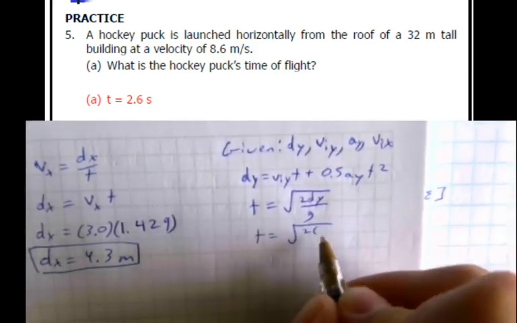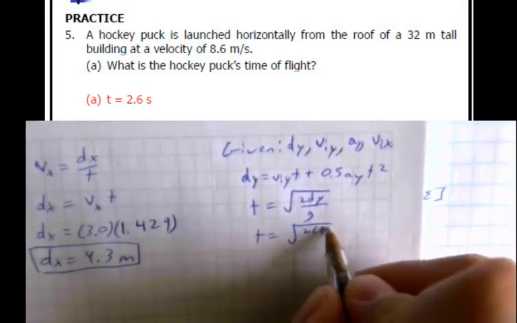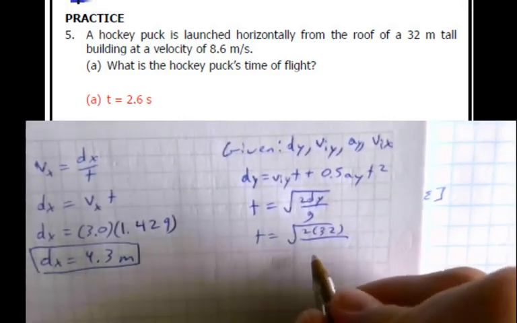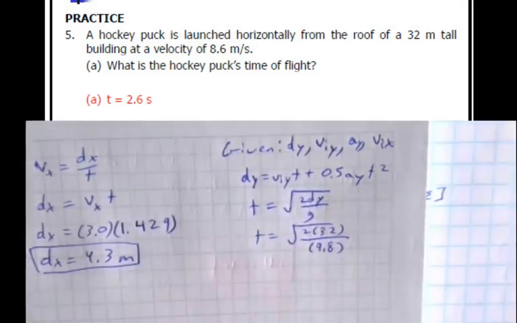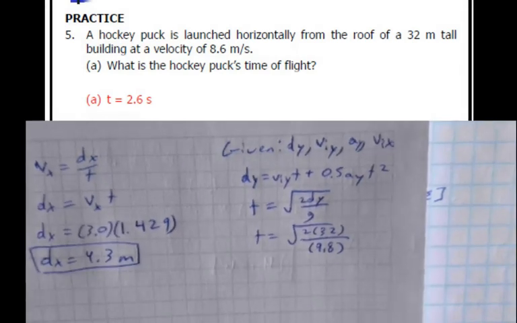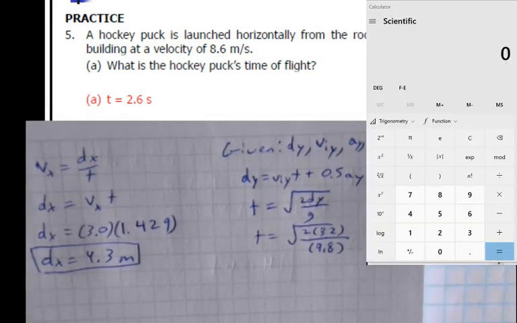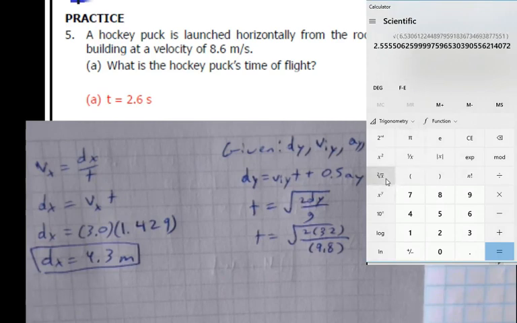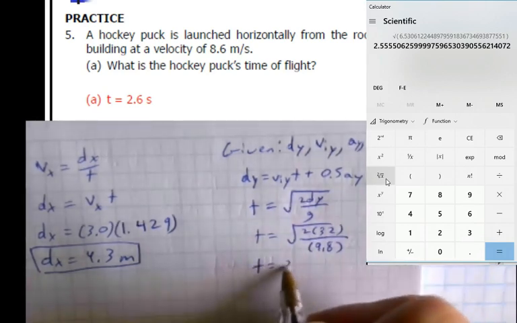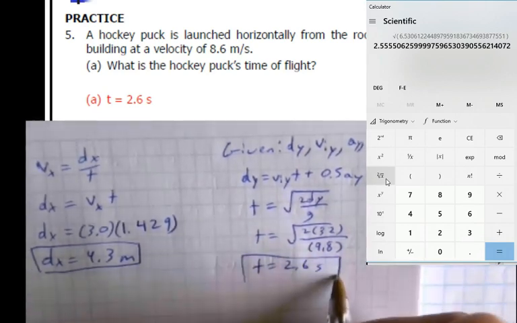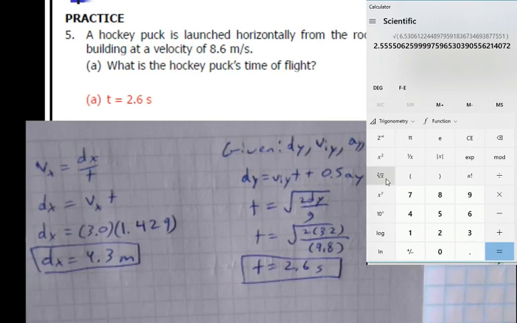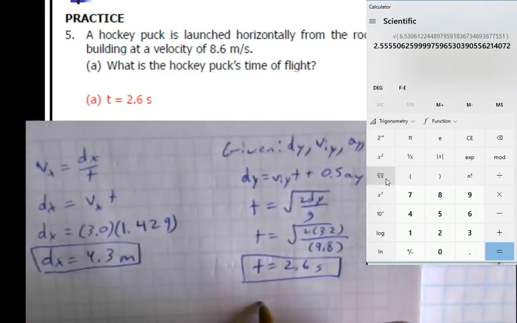So t equals the square root of 2 times 32 over g, which is 9.8. Let's see what we get here on our calculator. 2 times 32 divided by 9.8 square root is 2.6. But I'm going to keep that value in my calculator because I need to find out what my distance traveled is.